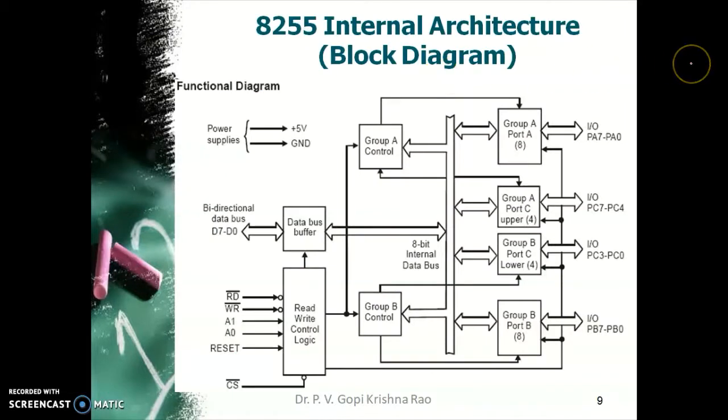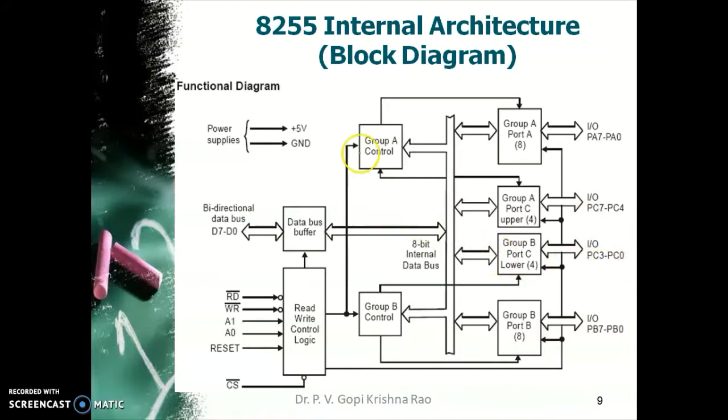When we look at the functional block diagram of 8255 or the internal architecture of 8255, the entire part of 8255 internally is divided into two basic groups: Group A, Group B. Group A consists of port A and port C upper. Group B consists of port B and port C lower.